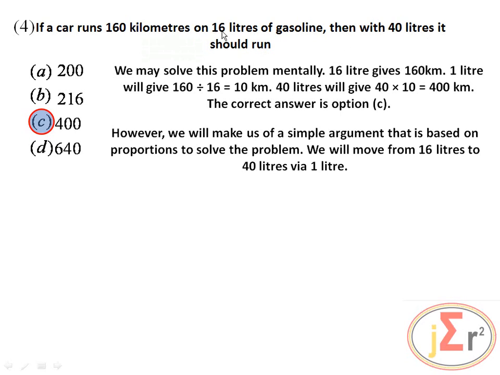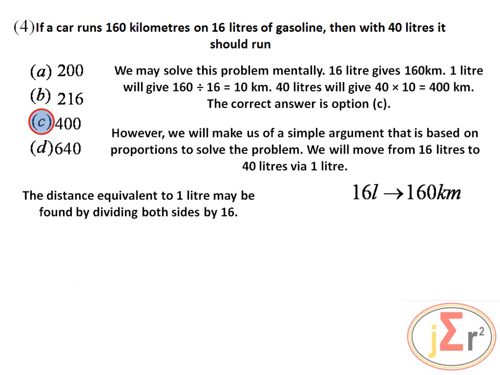So we move from 16 liters to 1 liter, then to 40 liters, and that is generally a recommended process at all levels. So we have 16 liters will take us 160 kilometers.